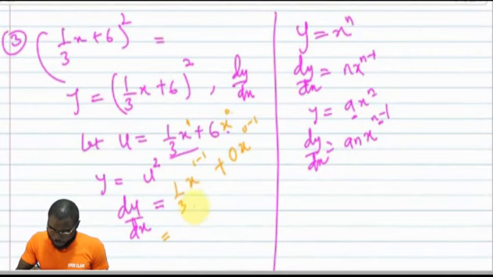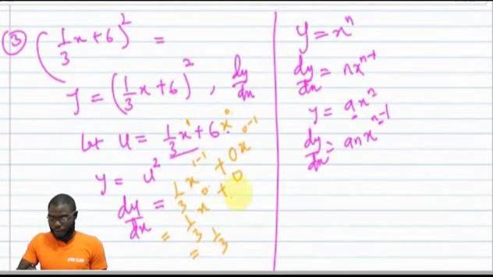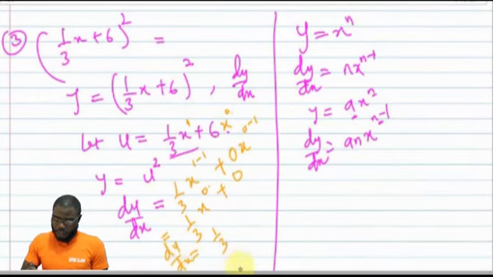So you have 1 over 3 x raised to power 1 minus 1, which is 1 over 3 x raised to power 0, plus 0. Because x raised to power 0 is 1, 1 times 1 over 3 is 1 over 3, plus 0. So your du dx equals 1 over 3.